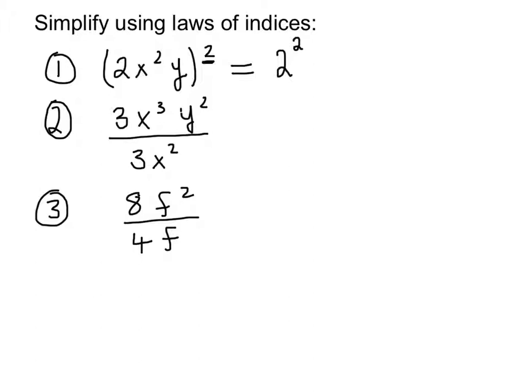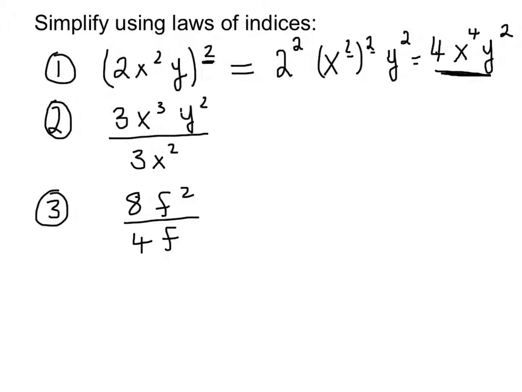So it's 2 to the power of 2, it's x squared to the power of 2, and it's y to the power of 2. A number to a power, you multiply the powers. So the end answer, well, you can work out 2 squared if you want. 2 squared is just 4. And then it's x to the power of 4 and y to the power of 2. So that would be the simplified version of this expression here.